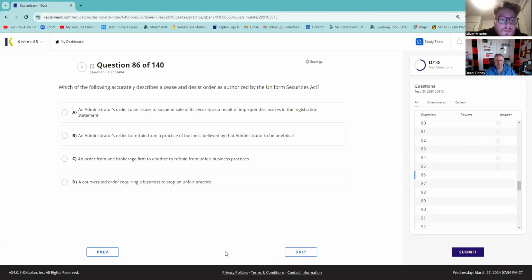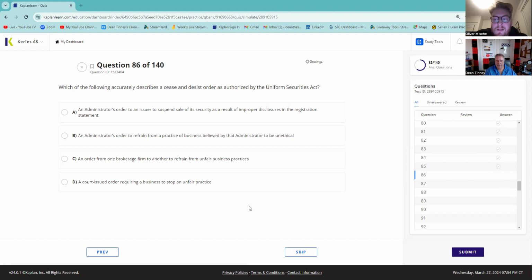Which of the following accurately describes a cease and desist order as authorized under the Uniform Securities Act? I think it's D. Is it B?